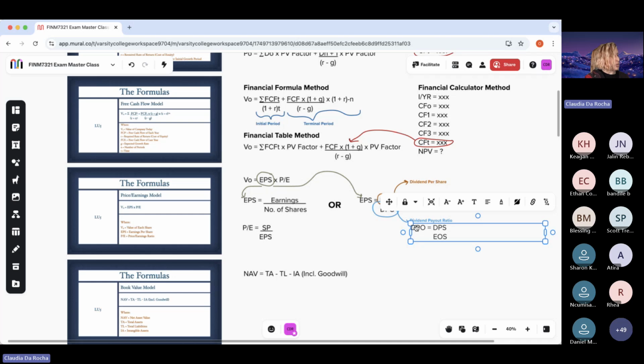That's what your dividend payout ratio is. The other way you can calculate it is that sometimes they give you the retention, so dividend retention.